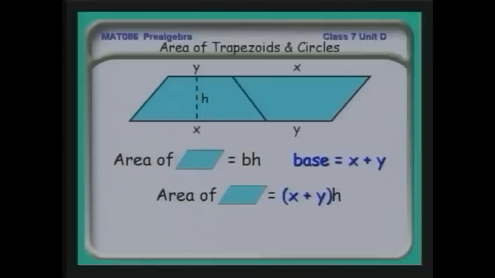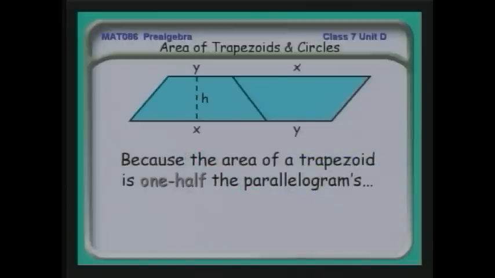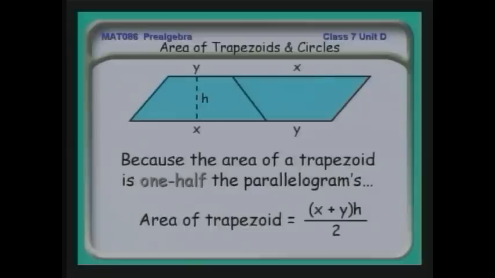Then the trapezoid, as I said, is half of that. So the area of a trapezoid is going to be 1/2 of the area of that parallelogram, or x plus y, the sum of the two bases, times the height divided by 2.